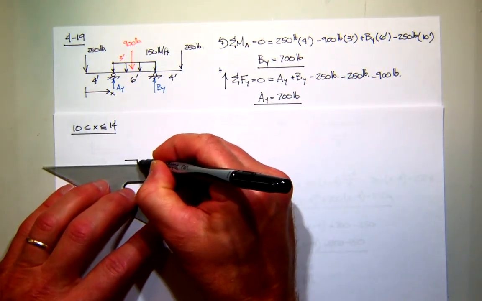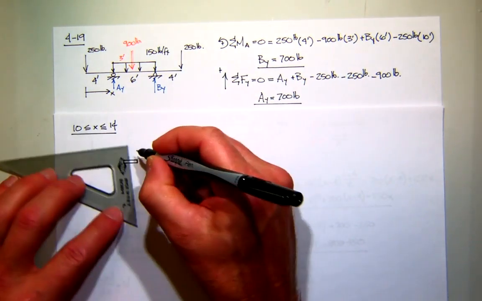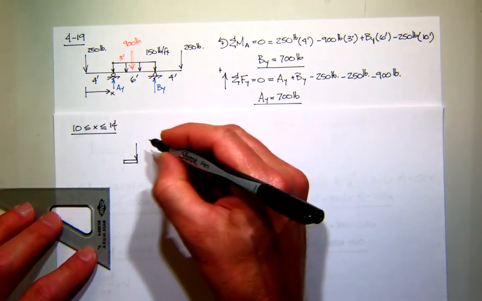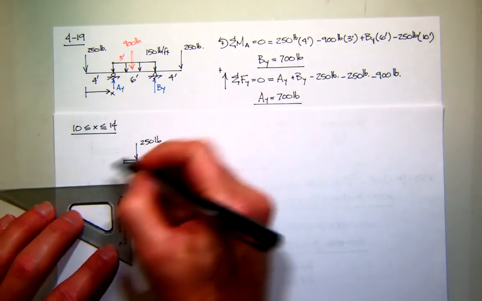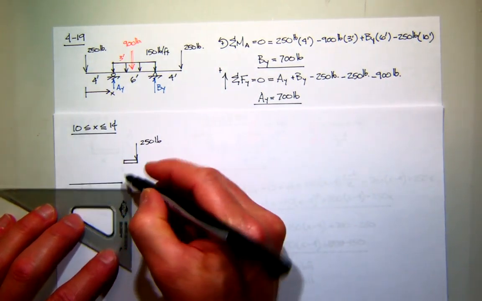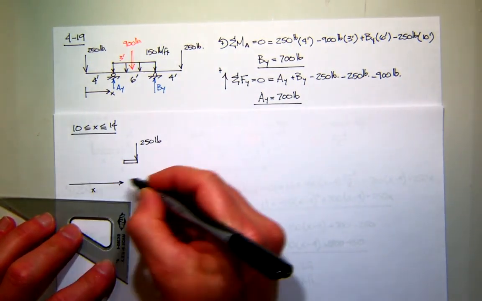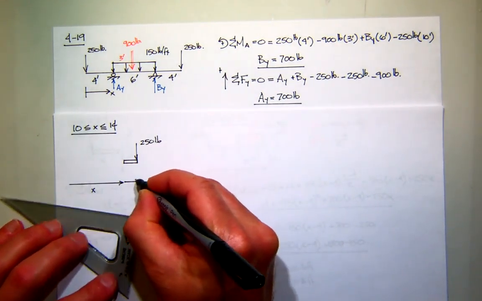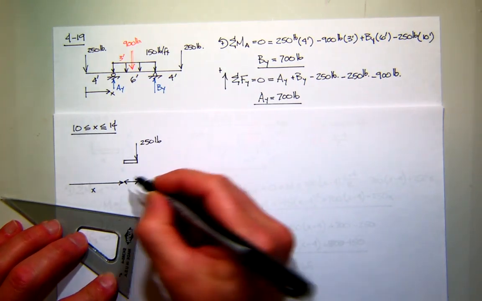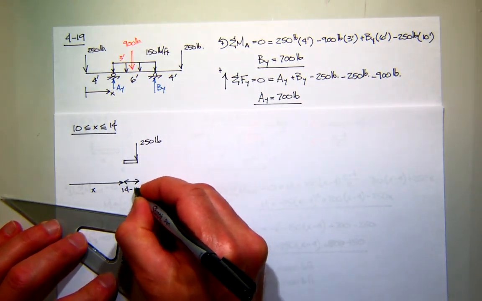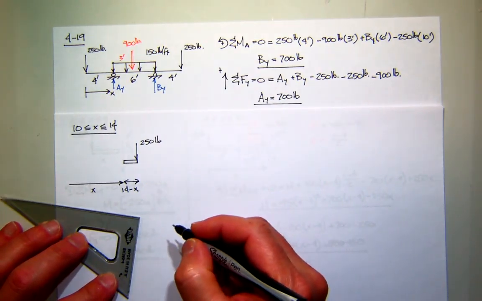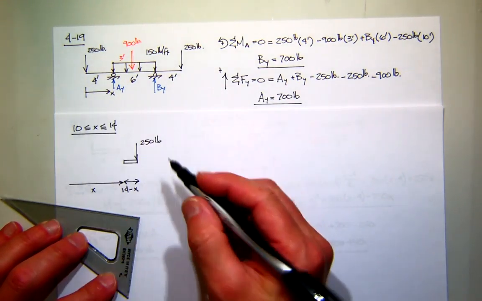So this will be a pretty simple little free body to do. All I'll have is the applied 250-pound force, and that will be at some distance x away. So what's the little length of the section? 14 minus x, because the total length is 14.